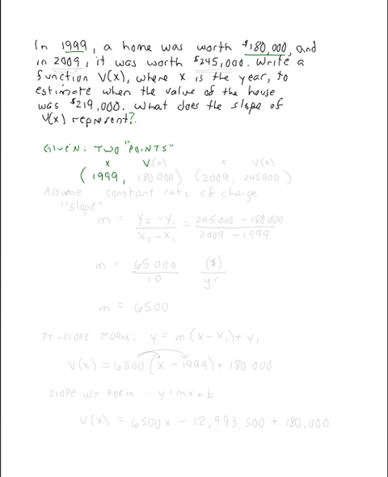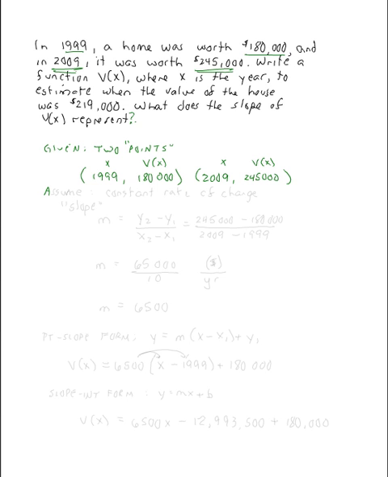Our y value, in our case, v of x, that's the value of the home, $180,000. Our second point comes from the fact that they told me in the year 2009 the home was worth $245,000. So I have a second ordered pair. X is the year 2009, and our value for that year, the $245,000.